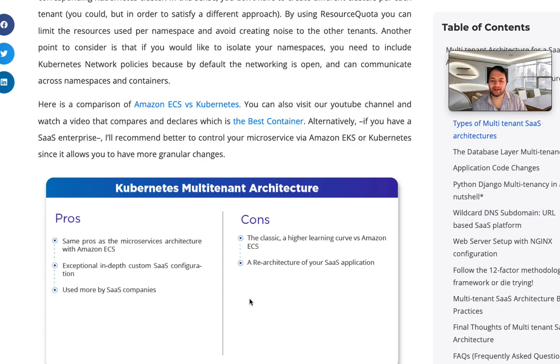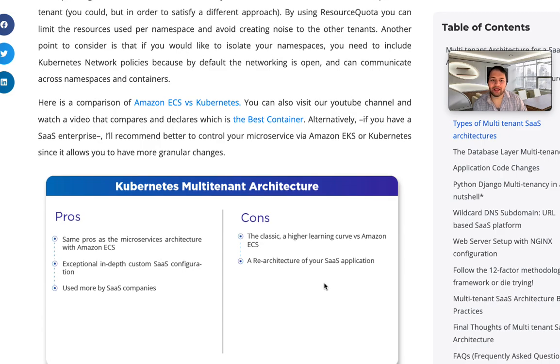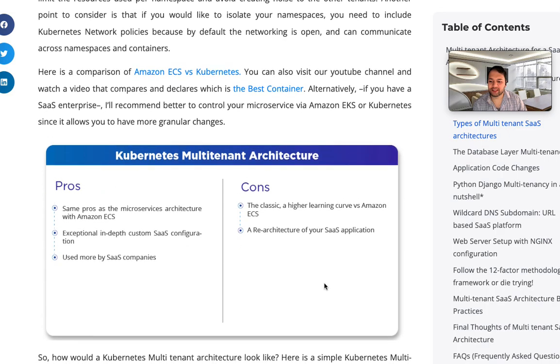Cons are that there's a higher learning curve versus ECS, and there's a re-architecture of your SaaS application. So if you have a SaaS enterprise, then you want to use EKS to be able to have that more granular control and manage that complexity.